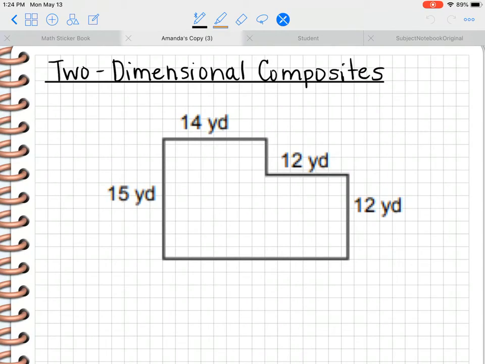So to do a two-dimensional composite area, I want to start with area on this one because that's the easier of the two formulas for this shape. What I want you to think about is an imaginary line, and I'm going to call this the parsing line. I'm not sure if that's a proper term or not, but it's what my teachers called it, and it helped me to remember it.